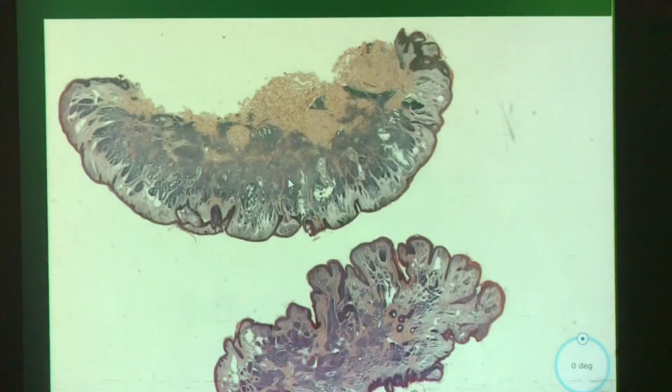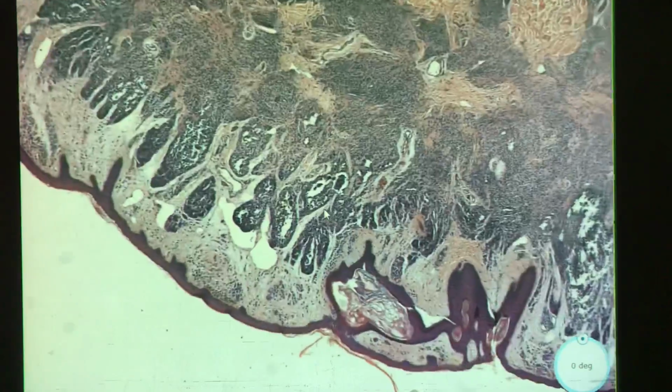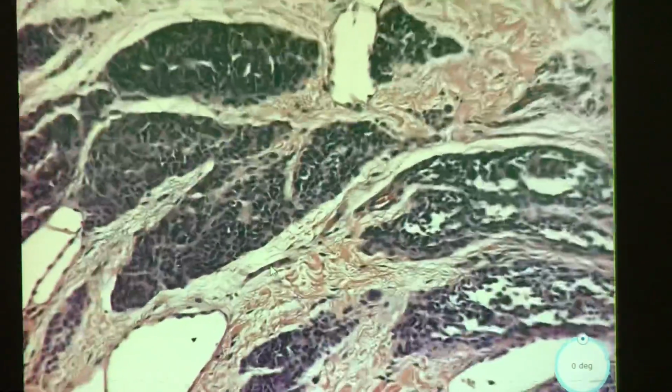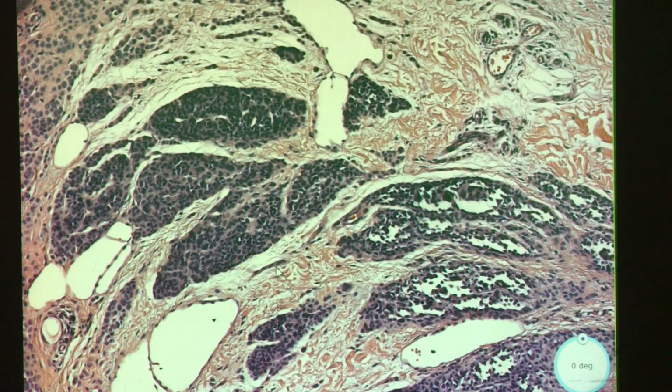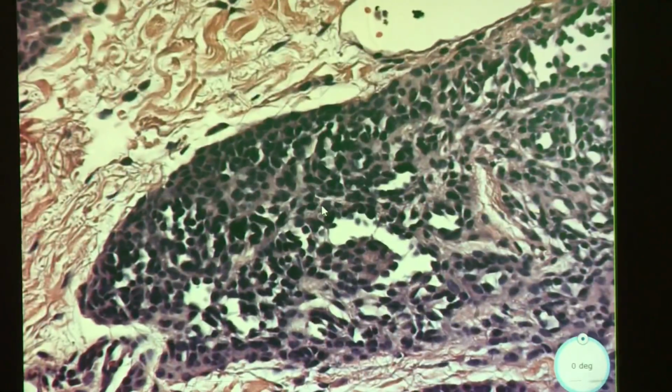So you can pick any section. So striking is there's something in the dermis here. Yes, and so these are melanocytes.